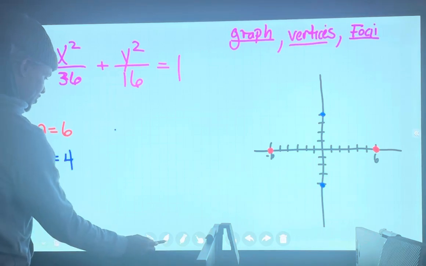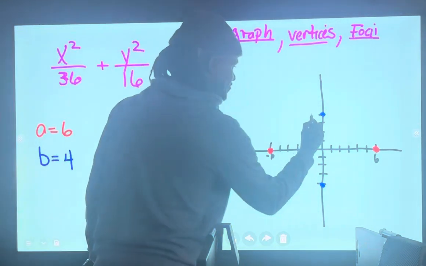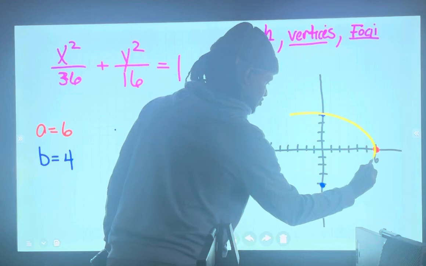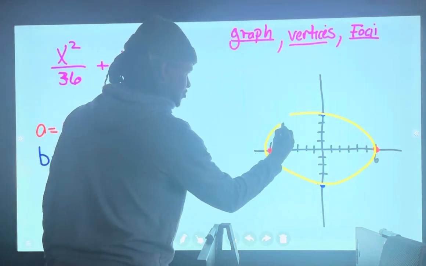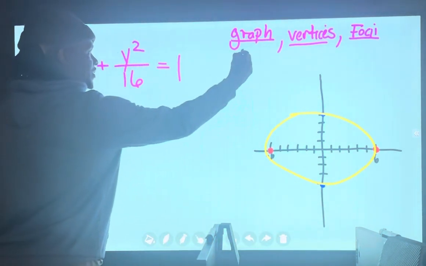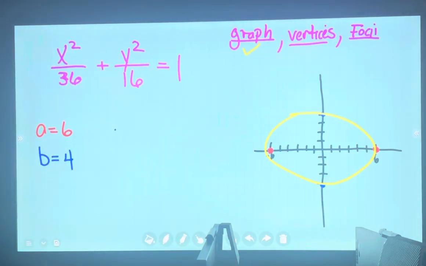Okay, so now go ahead and graph it. There's a good ellipse. We have graphed it. Total eclipse. I mean, ellipse.